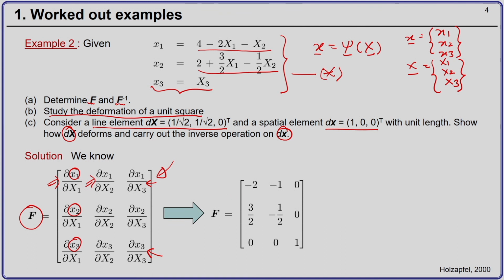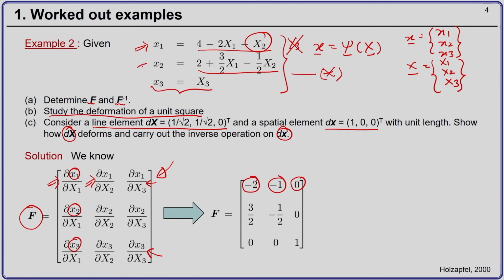Take the first equation. Here, del x1 by del X1 will be nothing but minus 2, del x1 by del X2 will be nothing but minus 1, because you have minus X2 here, and del x1 by del X3 will be equal to 0, because there is no X3 term present in the first equation.